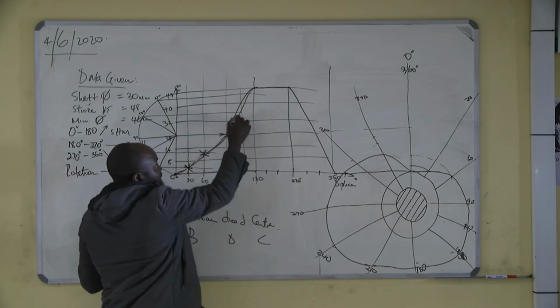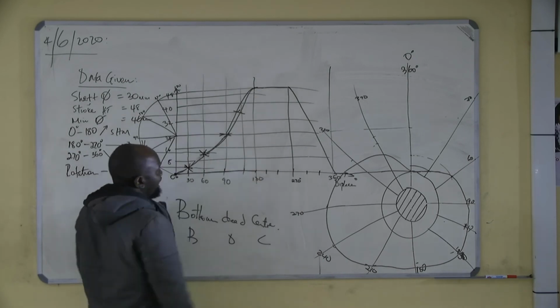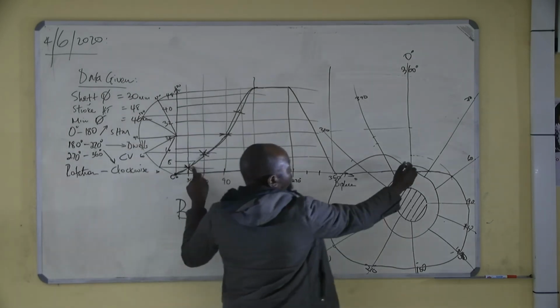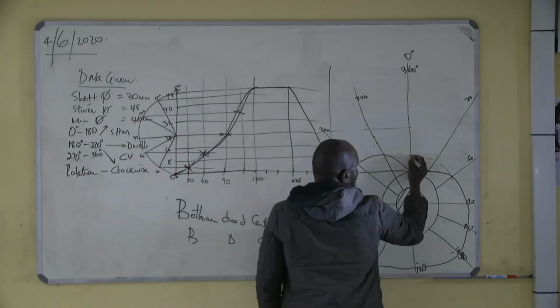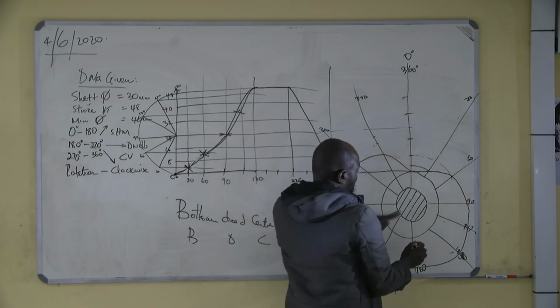Shaft diameter is that one that we have sectioned, and then you start plotting these points here. Let me just note them with the stars so that you are able to see until the end.